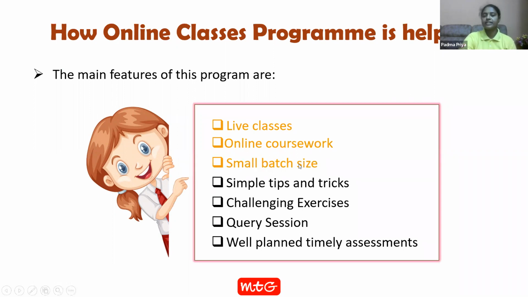And the batch size is small. The meaning of it is, once the classes start, the class has a minimum strength, which could help you learn the concepts clearly. When the batch is small, you have enough scope to interact with the teacher to clear your doubts.